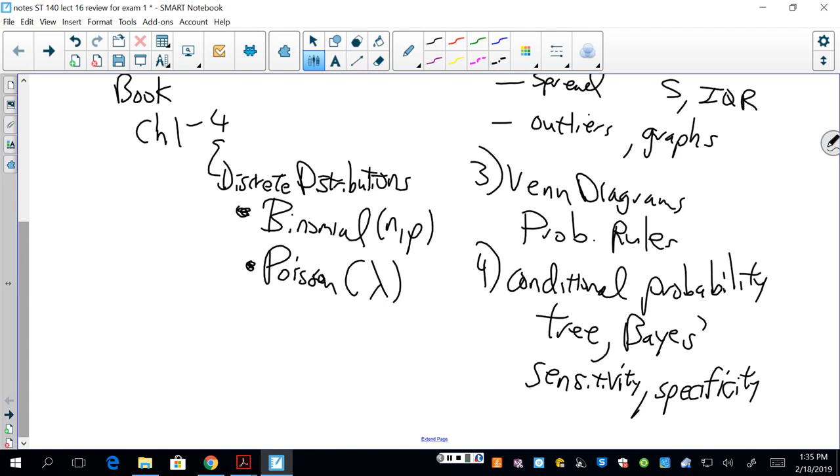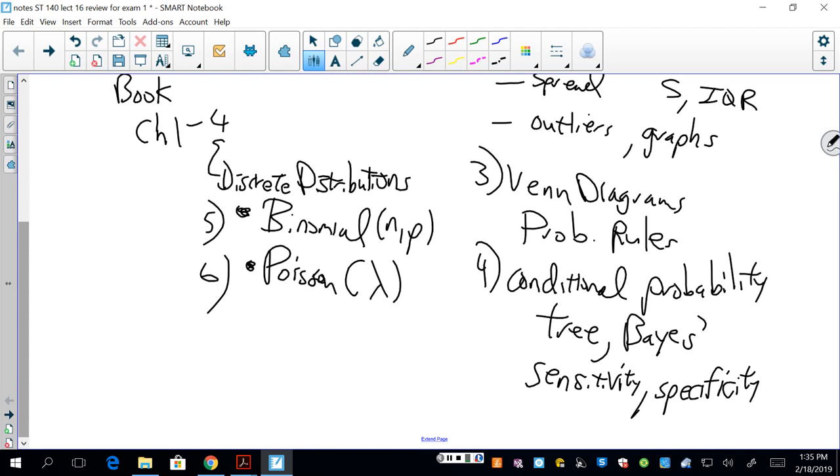If you're told what they are and given a number for it, what does it mean? And then the binomial distribution as a discrete distribution, and Poisson as another example, are the primary things that we've done.